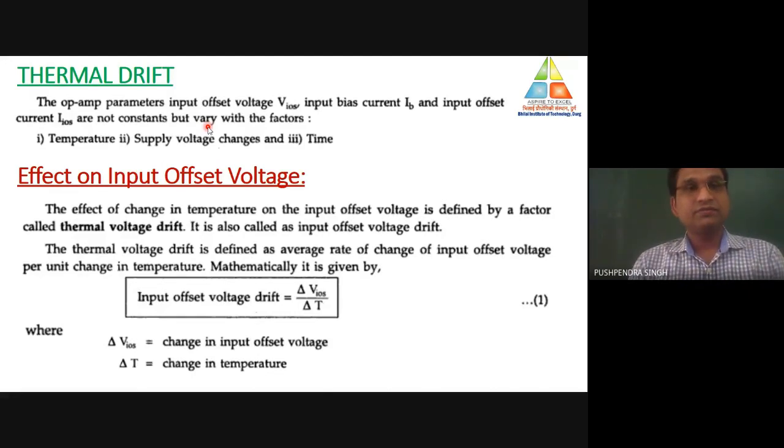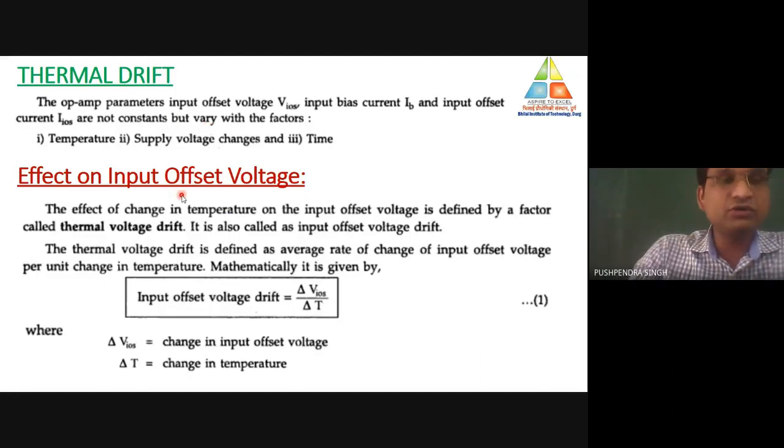So in today's topic, we are going to see the effect of this temperature. Why? Because if there is a certain change in the value of temperature, we should know how much the output voltage is changing due to the effect of temperature only.